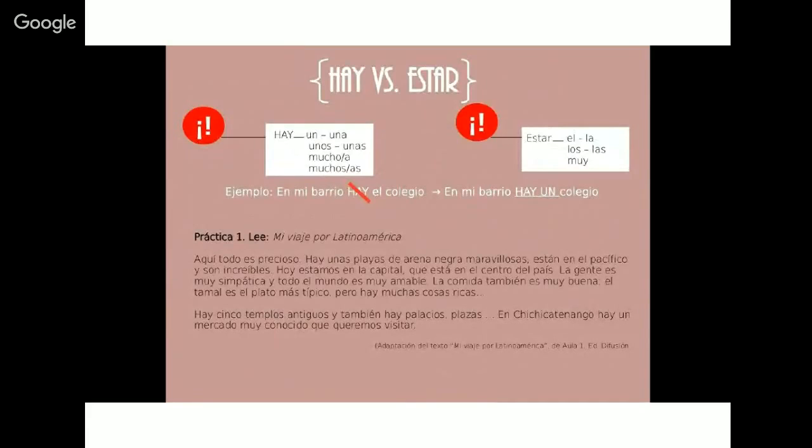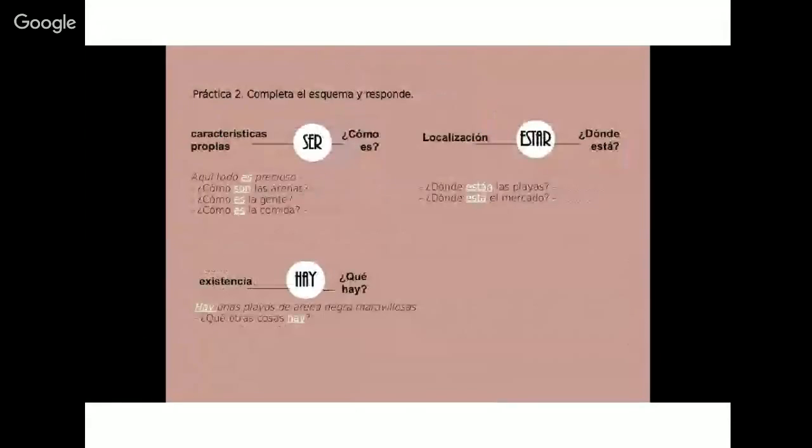Las playas están en el Pacífico. Ok, perfecto. Las playas están en el Pacífico. Ok, la siguiente. ¿Dónde está el mercado? Where is the market?